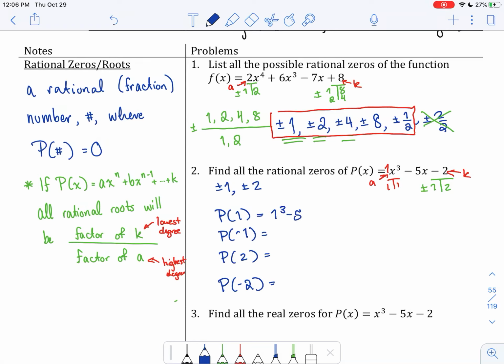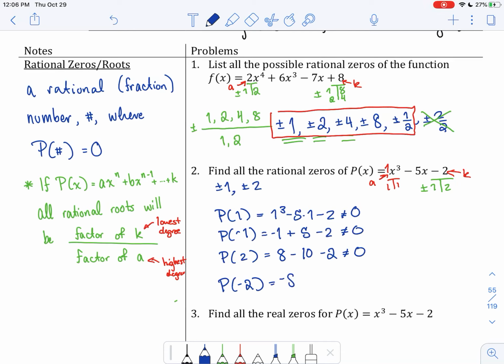The first one would be 1 cubed minus 5 times 1 minus 2, which is 1 minus 5 minus 2. Oh, that's not 0. Negative 1 would be negative 1 plus 5 minus 2, with a little evaluating. That's not 0. Positive 2 is 8 minus 10 minus 2.